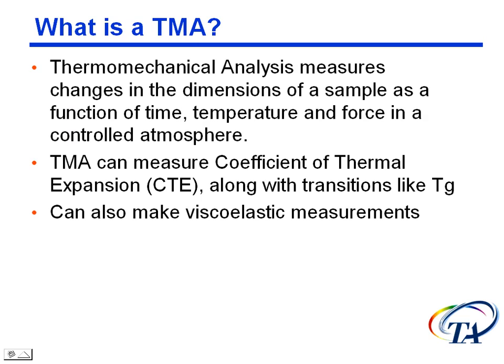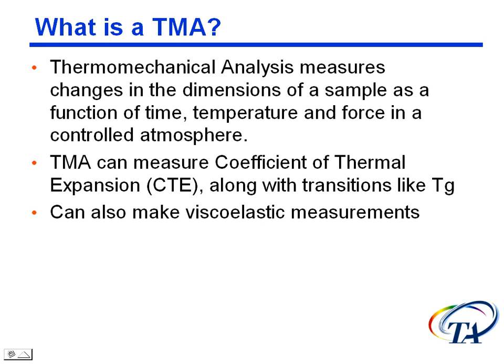Now, TMA is thermomechanical analysis, or the instrument is the thermomechanical analyzer. Now, this measures changes in the dimensions of a sample as a function of time, temperature, and force in a controlled atmosphere. Okay? So we're going to have a sample. We're going to be putting a probe on it, sitting on a stage. As we heat it up, as we cool it down, as we sit over time, the sample can change dimensions.